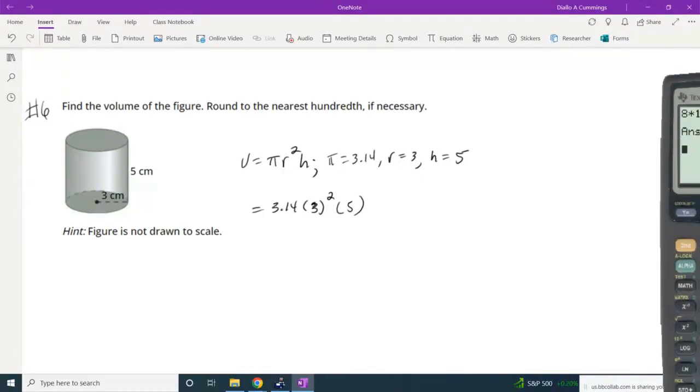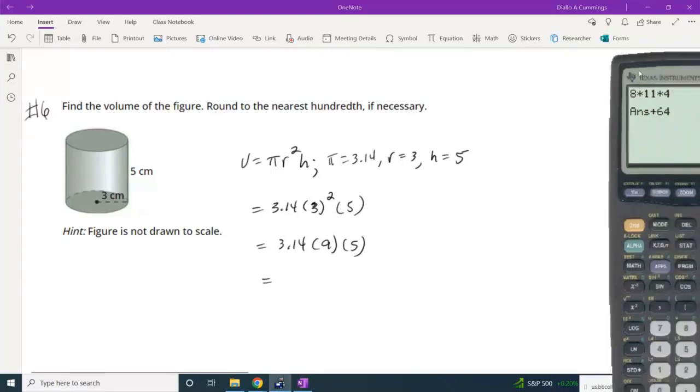I'm just going to simplify it a little bit further. If you use the order of operations, please excuse my dear Aunt Sally, the next thing I'm going to do is evaluate my exponent. So 3 squared is 9. So I'm just going to simplify that down to 9.